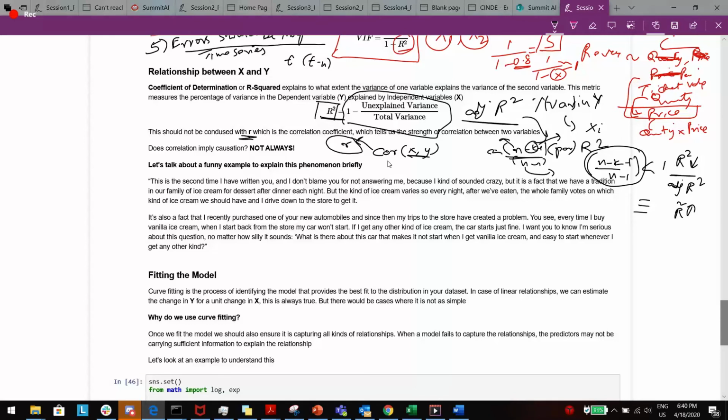I'll tell you why. Say, for example, you plot your years of experience against your salary. Your salary increases with experience. This is your years of experience and this is your salary, and that is increasing. So this can be a correlation.